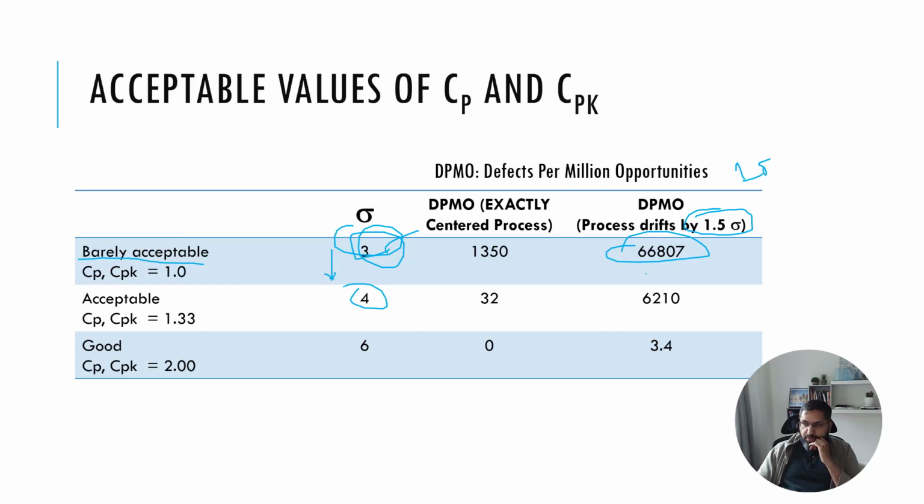A 4 sigma level of quality means that CPK would be more than 1. So upper spec minus lower spec would be more than 6 sigma. So you get 1.44. What it actually means is that if this is the center, this width here is 4 sigma, and this width here is 4 sigma, and your process is going to be like this.